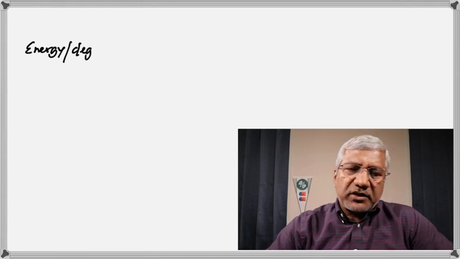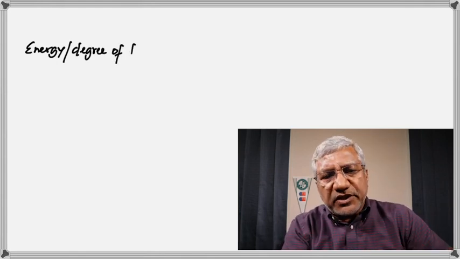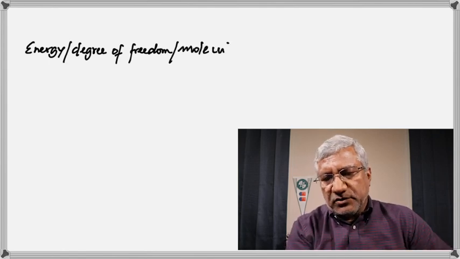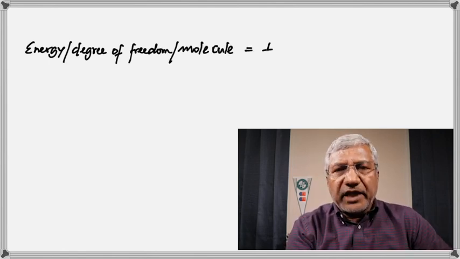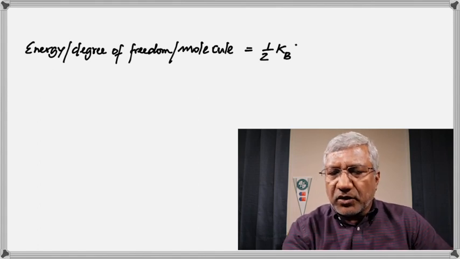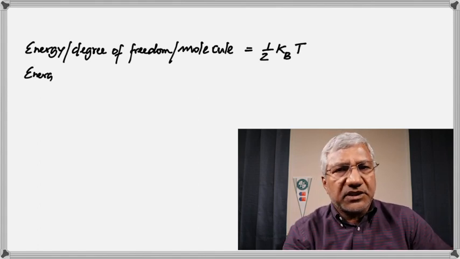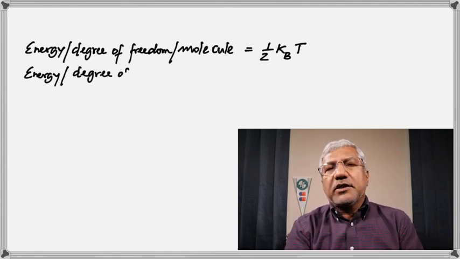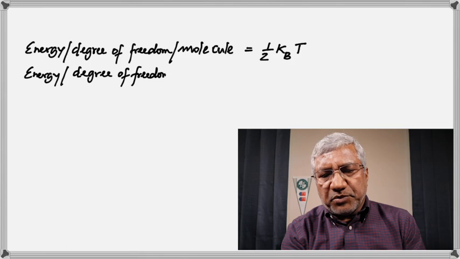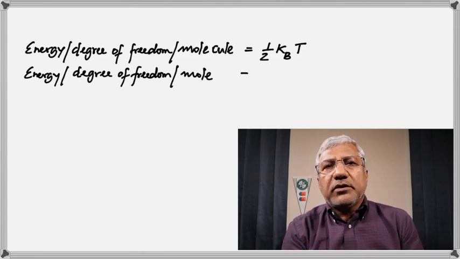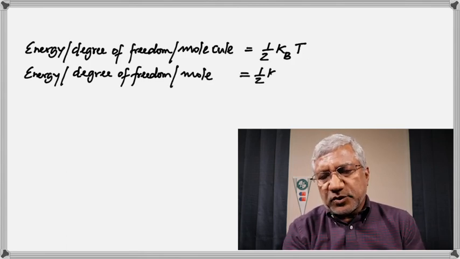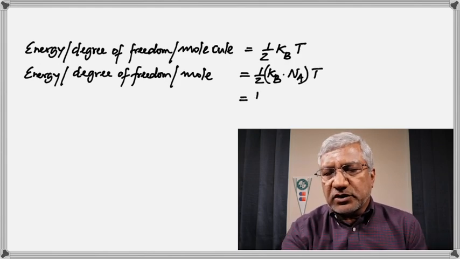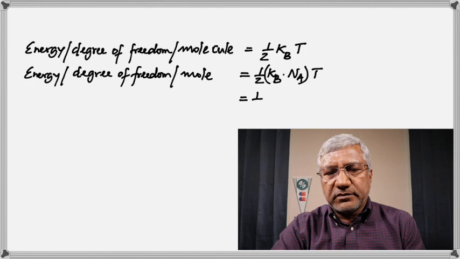So now let's talk about the energy per degree of freedom per molecule. Now, energy per degree per molecule is 1/2 kBT. kB is the Boltzmann constant. So, to find the energy per degree per mole, you've got to multiply this with the number of molecules in 1 mole, which is called the Avogadro number.